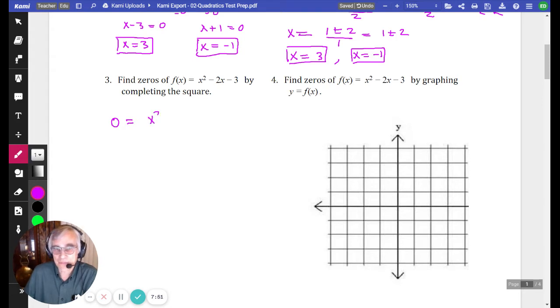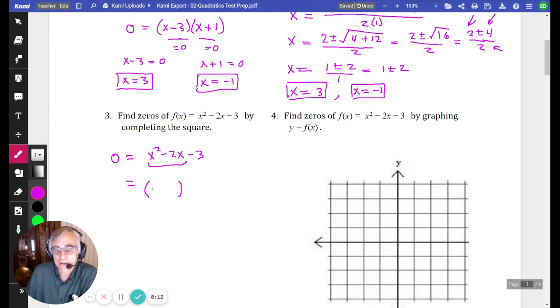So what we want to do is imagine that this part of the original quadratic is a result of squaring an x plus a number. So the leading term here is x.